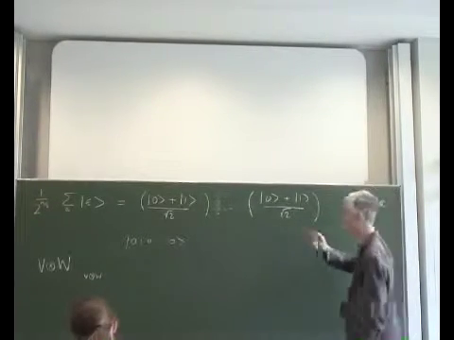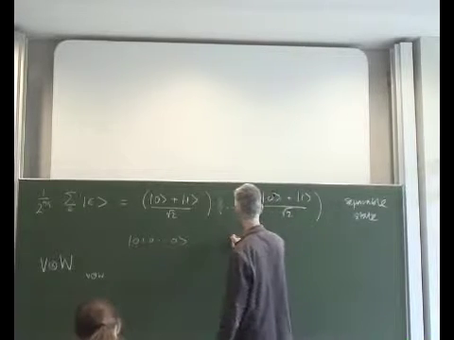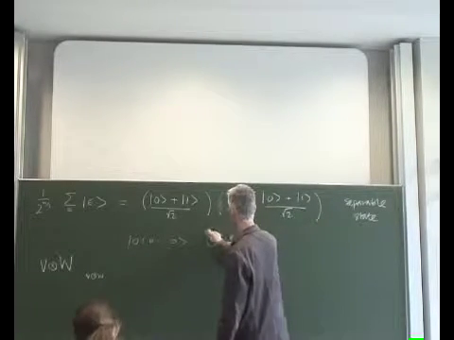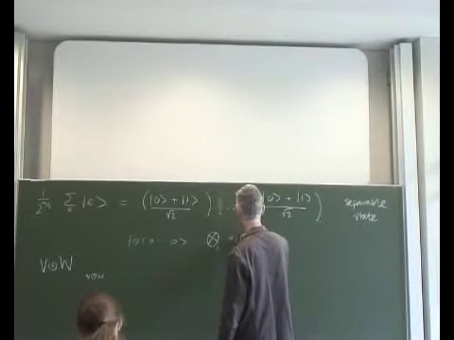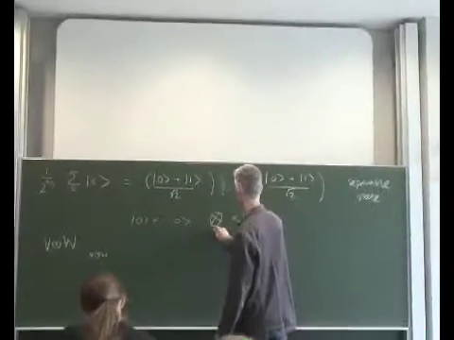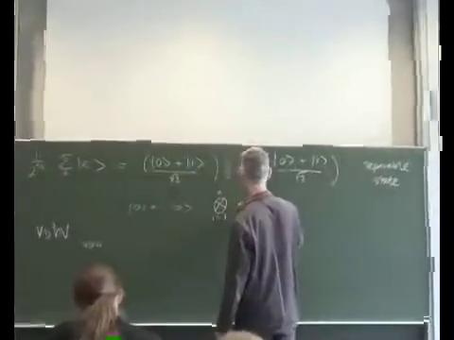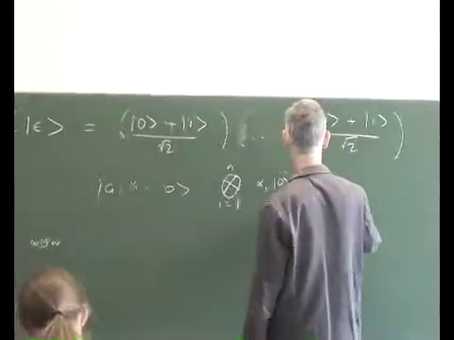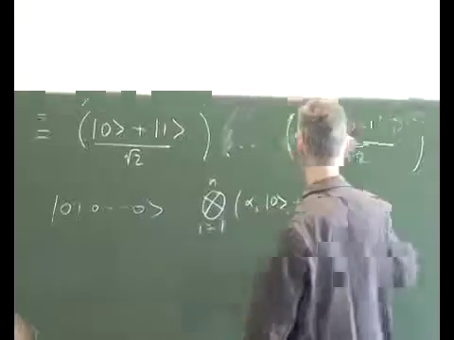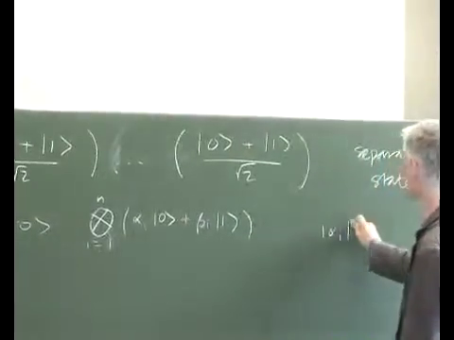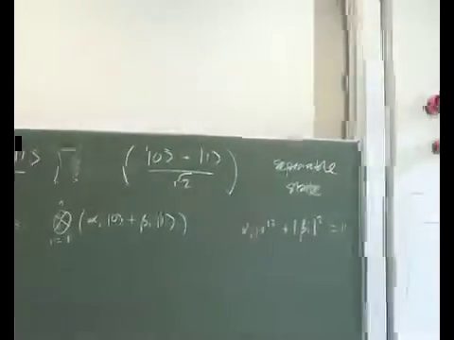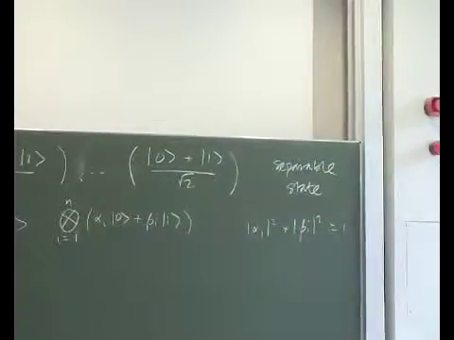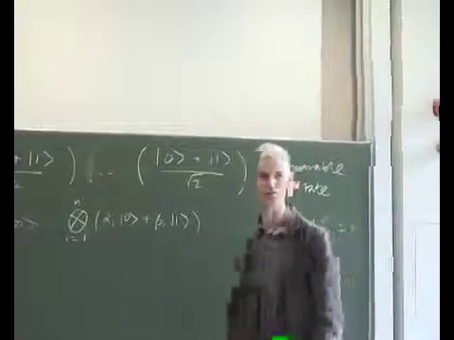So a separable state would be anything of the form, let's write it in tensor notation, the big product over all i, i equals 1 to n, of alpha_i |0> plus beta_i |1>, where we've always got alpha_i squared plus beta_i squared equals 1. So those are very, very special forms of state.